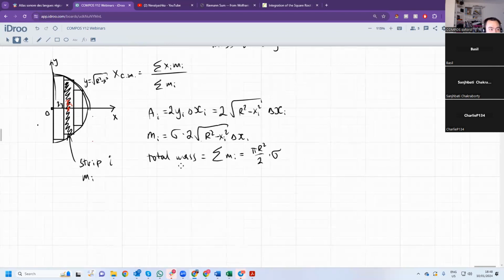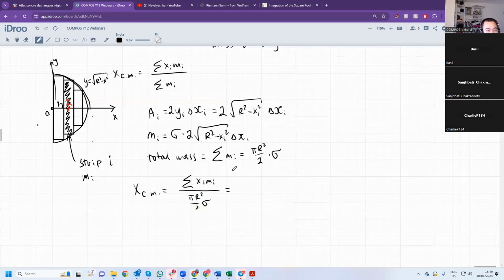All right, so to find the center of mass, x center of mass, we need to use the sum of xi mi divided by the sum, so it's pi r squared over 2 sigma. We already know that.